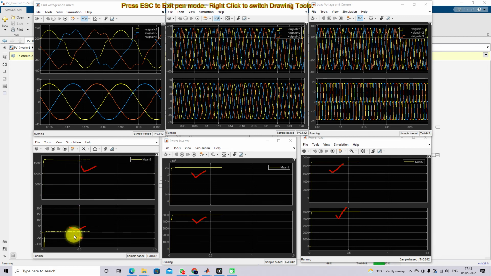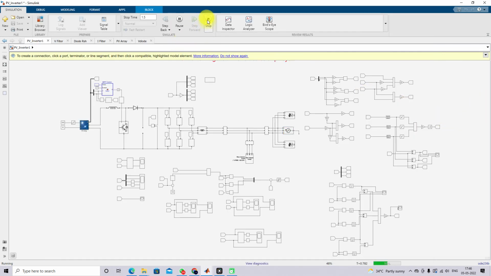The reactive power is maintained around 0 only, even during that distortion condition. So the current quality of the grid is maintained by means of the active current coefficient control concept.